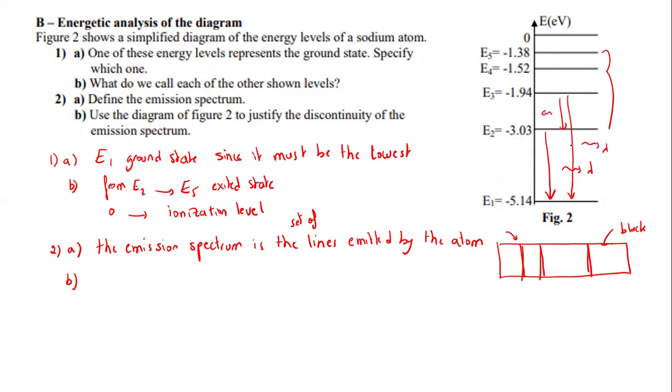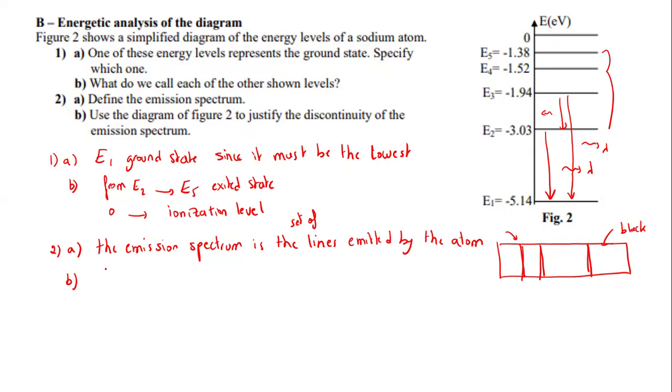So we notice that these lambdas have very specific values, and since the transitions have specific values, the spectral lines, or the emission spectrum, are discontinuous.